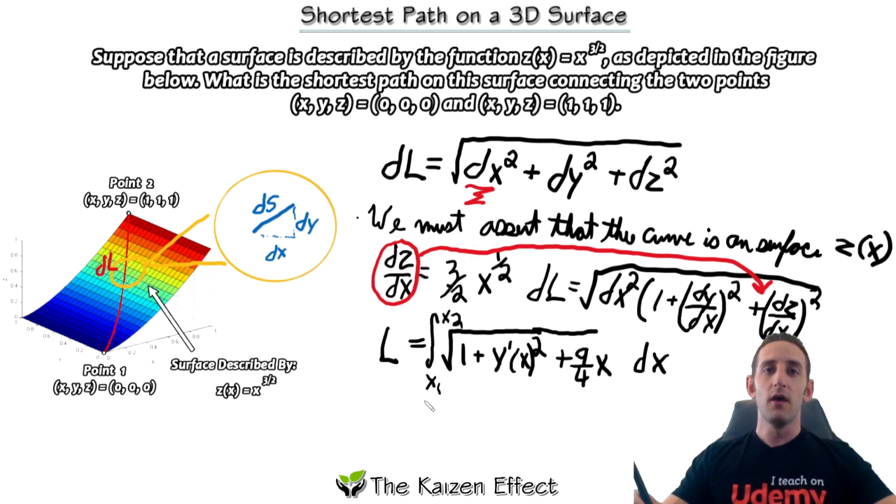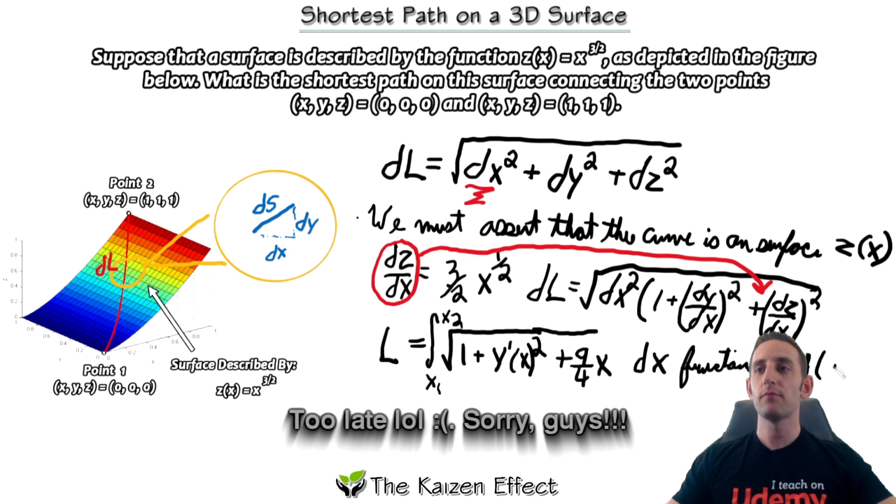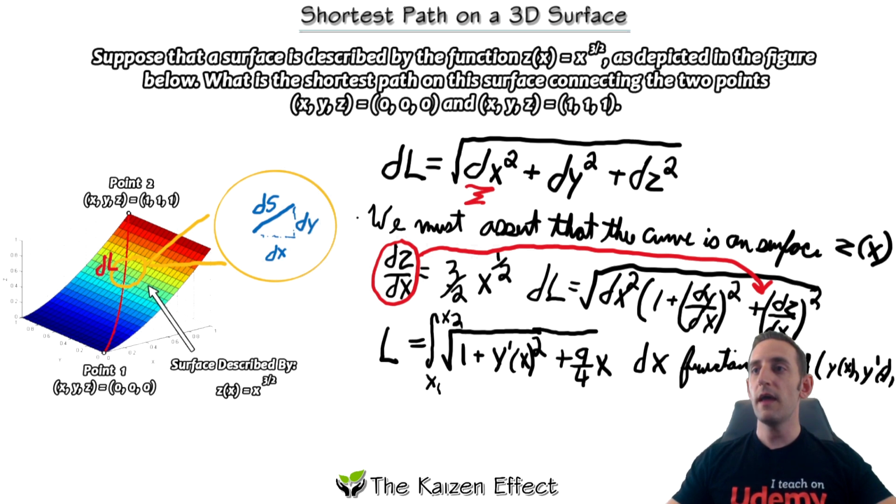So this becomes our functional here. We have the functional L, which is a function of y, y prime, and x. This is the framework we're going to use.